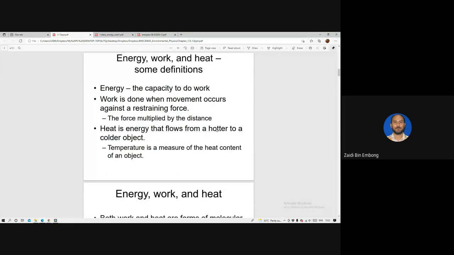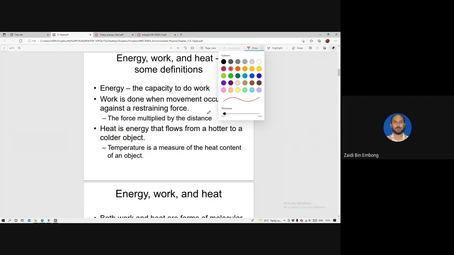Right, now talking about energy. So what is energy? Energy is the capacity to do work. That's the definition of energy. What is work? This work can be defined, as we know from physics.